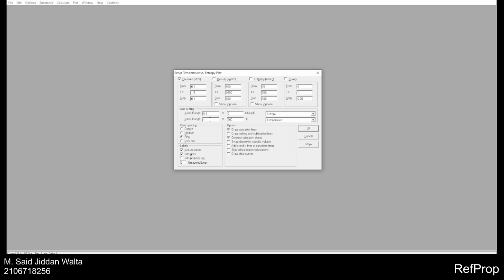We can reduce this to around minus 30, while the upper limit of the temperature is at the evaporation of the refrigeration cycle, where it is probably not as high as 300 Celsius. We can reduce this to half, perhaps 150 Celsius. Keep in mind that these axis scaling values we can always change over time once the plot is already made.